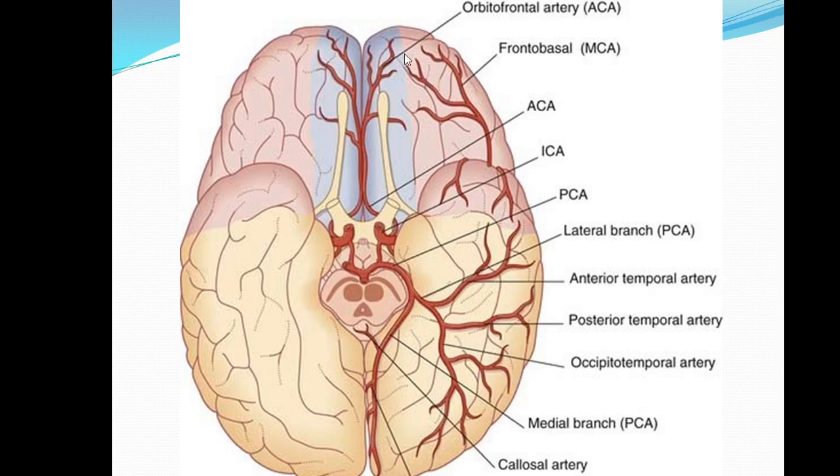The lateral part of the orbital surface is supplied by the middle cerebral artery, and the rest of this area here you can see is supplied by the posterior cerebral artery. The middle cerebral artery you can see also supplies the temporal pole. So the middle cerebral artery supplies the lateral part of the orbital surface and the temporal pole.